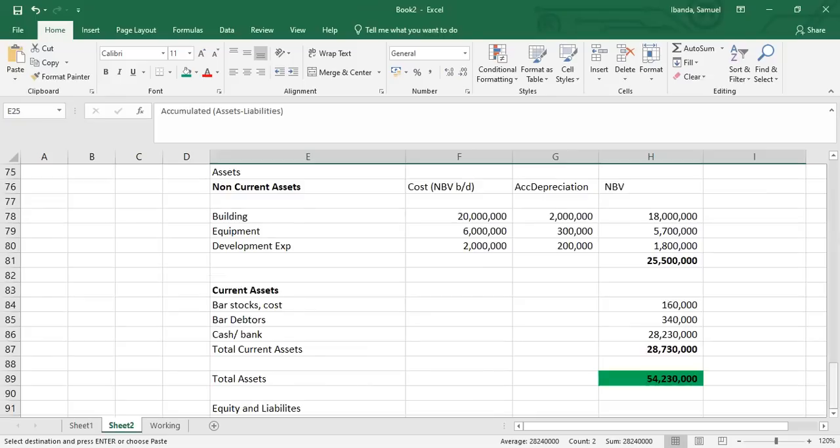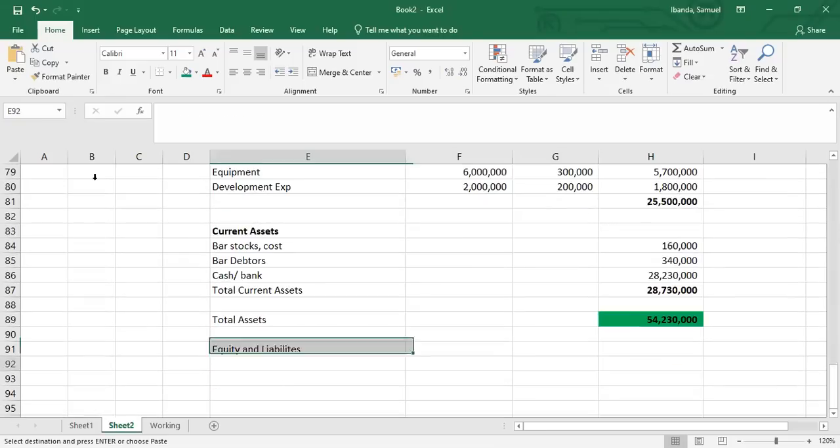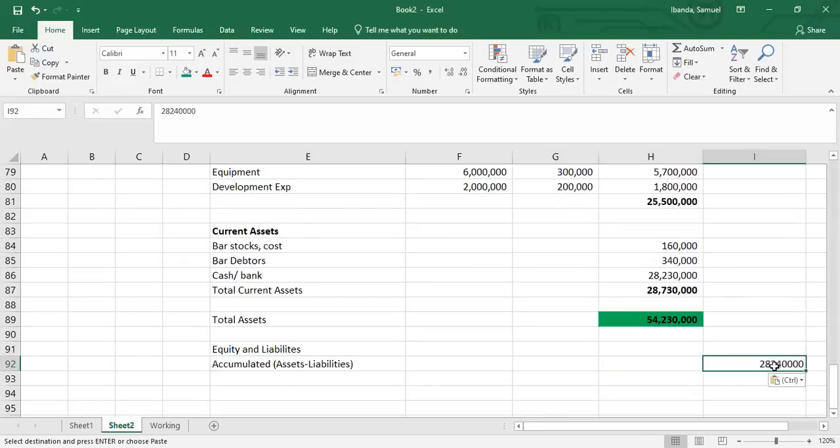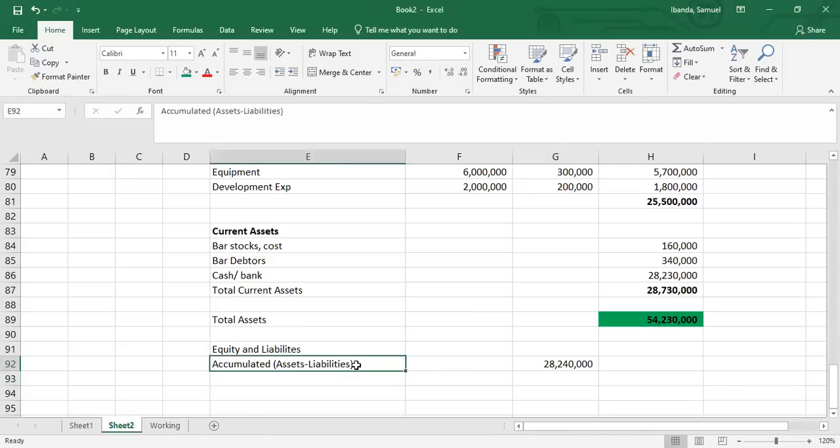It will be part of your equity right here. Okay, let me just record them here. This is accumulated fund. Okay, so that is one thing. Then that is my equity.